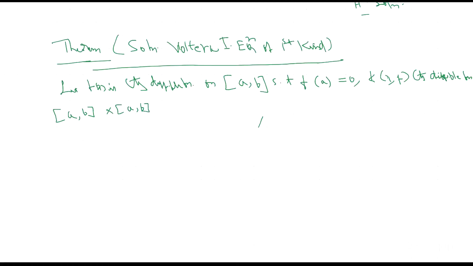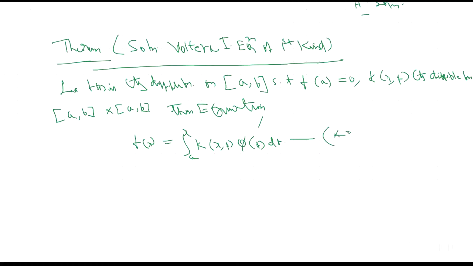Then the equation f of x equal to integration a to x K(x,t) phi of t dt admits a unique continuous solution in the interval a comma b dash, a less than b dash less than or equal to b, K(x,x) not equal to 0 for a less than or equal to x less than or equal to b dash.